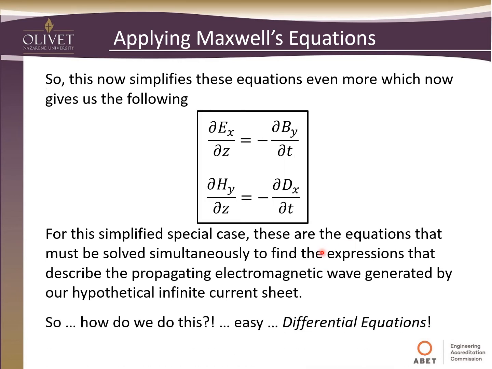So this will be our guiding light here. We'll keep coming back to these to make sure that both of these equations are solved at the same time. So how do we do this? Should be easy, right? These are nothing but differential equations. We've had differential equations, so we should be able to figure this out.